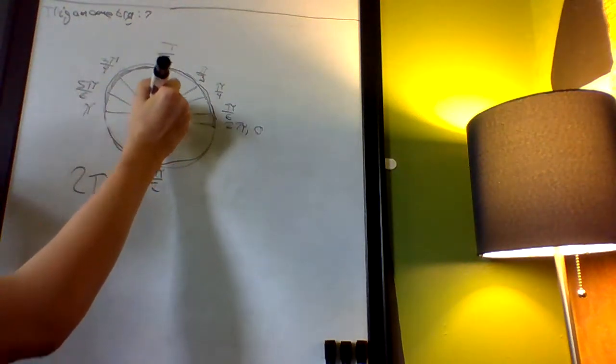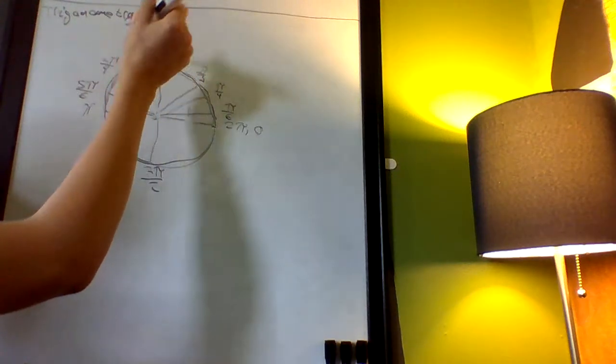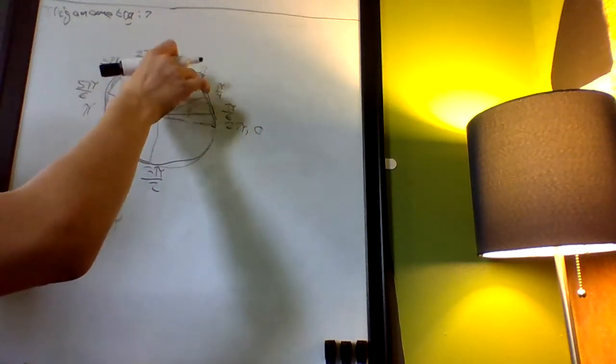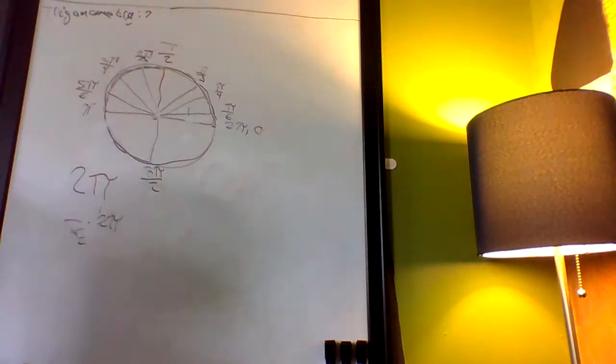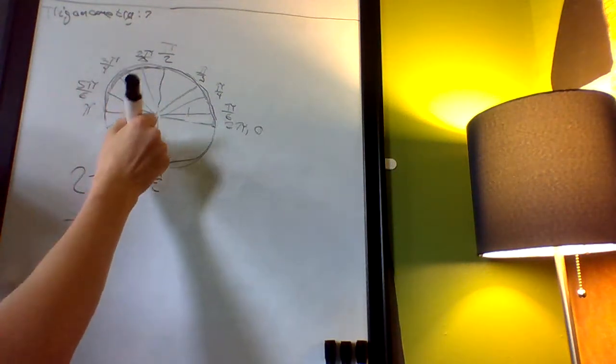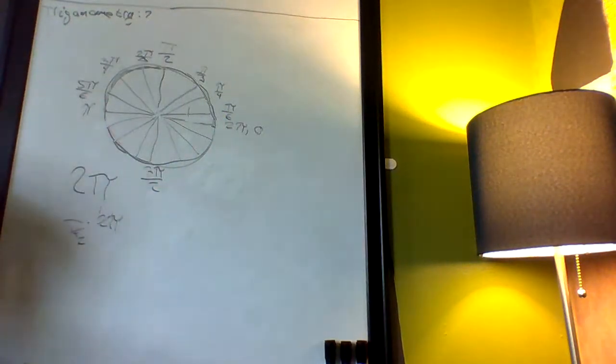You can do that 5 times to get to that point. Right here, it's going to be 2 pi on 3. This right here is pi on 3. Then you can go all the way around the circle, marking out how much arc it has.